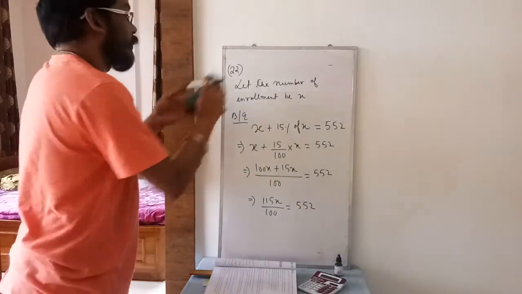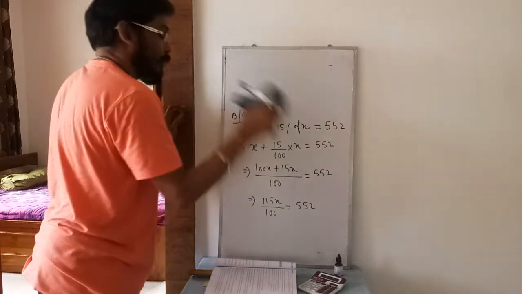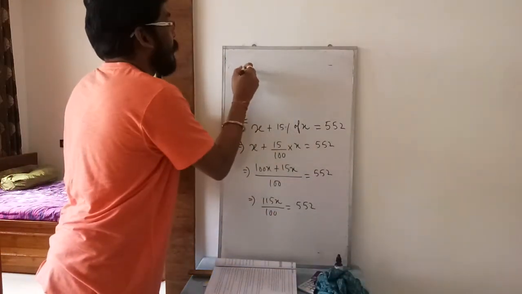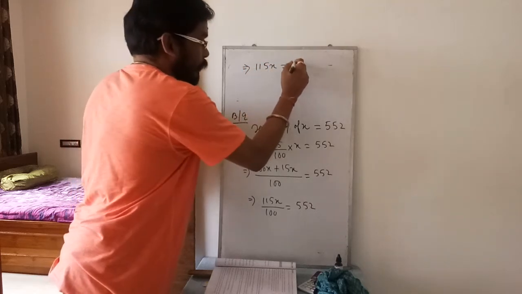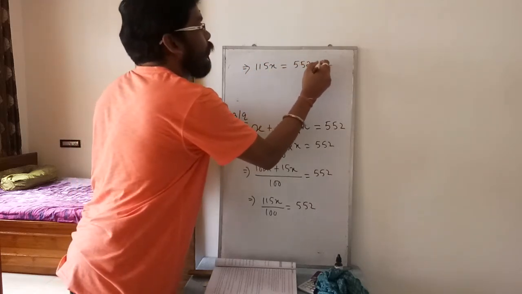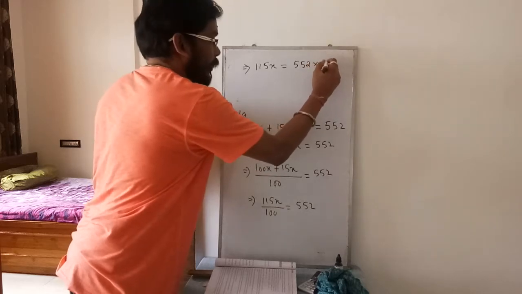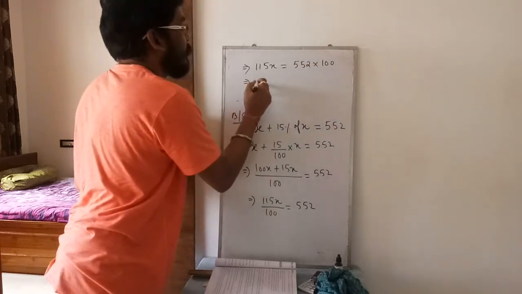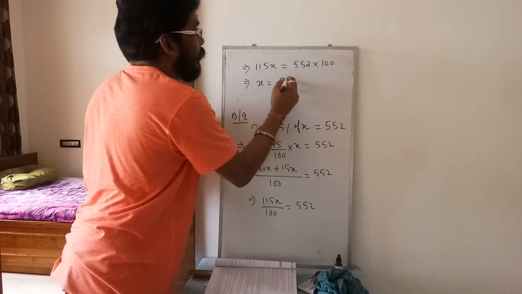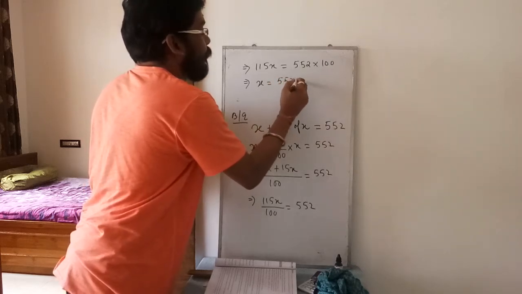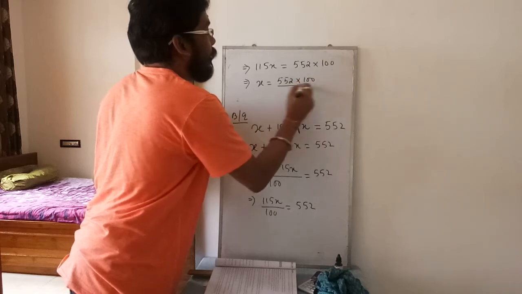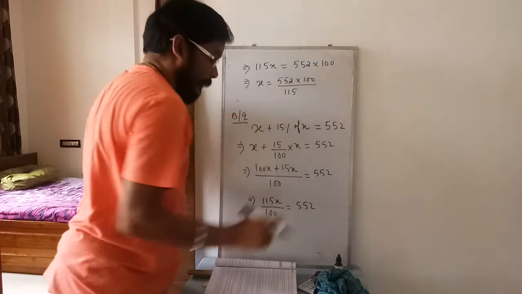Now same way you have to cross multiply it. This implies 115x equals 552 into 100. This implies x equals 552 into 100 by 115.